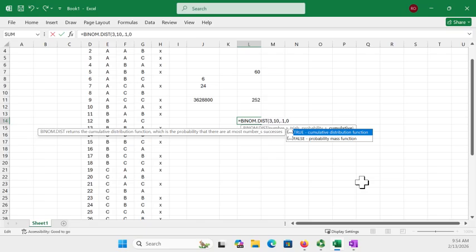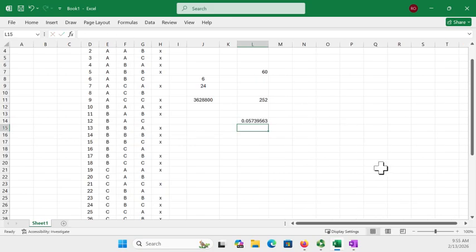This means that we want exactly 3 successes out of 10 trials. That's what the 0 means. Cumulative means I want 0, 1, 2, or 3. 0 here, non-cumulative, means I want exactly 3. And the probability of that is 0.057. And it will give you a ridiculous number of decimals.